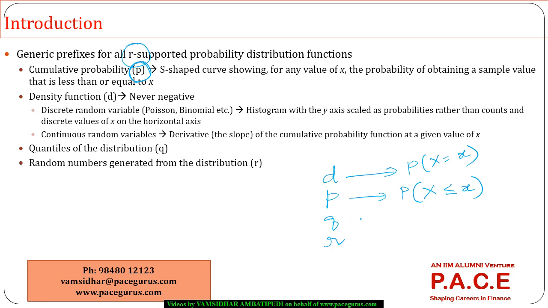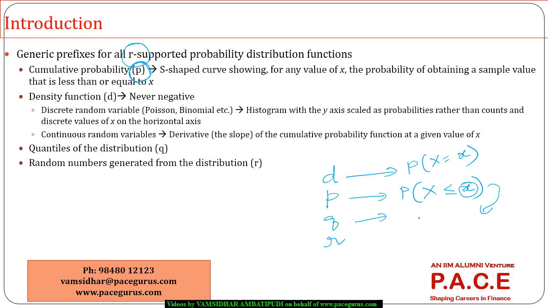And when I'm using Q, take it as the opposite of P. I will give a probability as an input and it will compute this x as the output. So for what possible value of x is the probability of X less than or equal to x equal to this much?